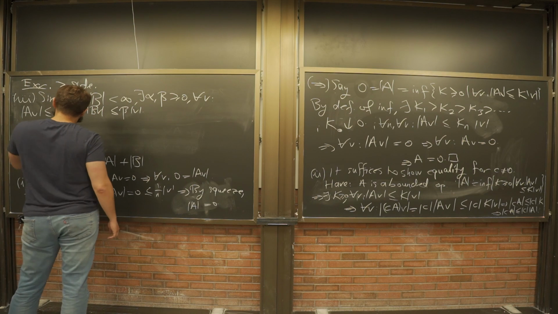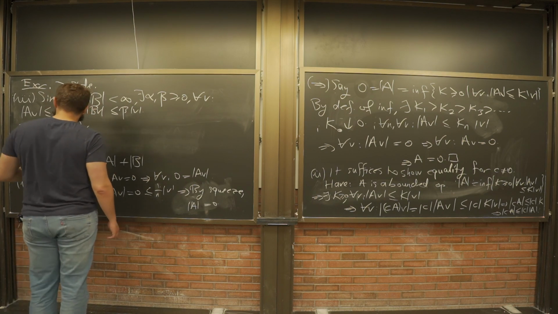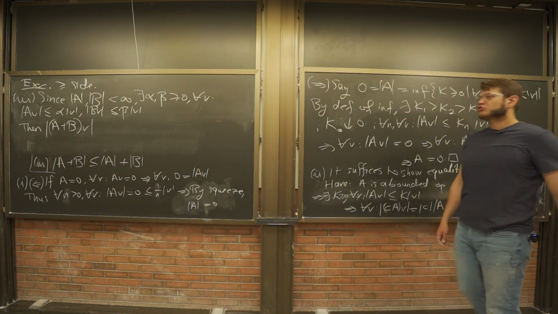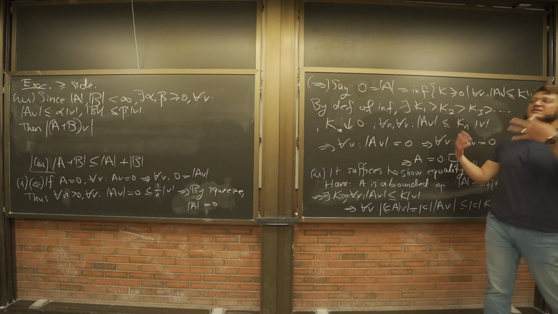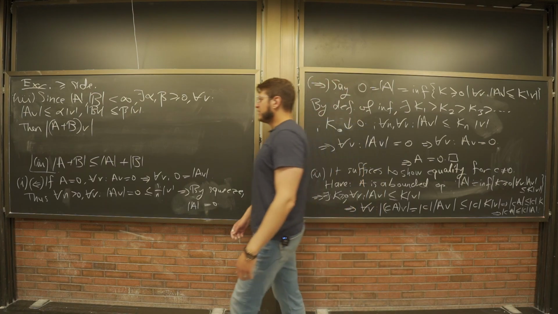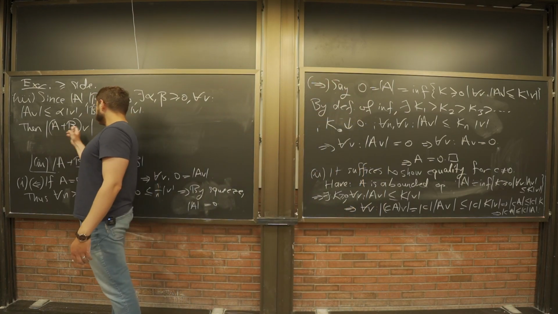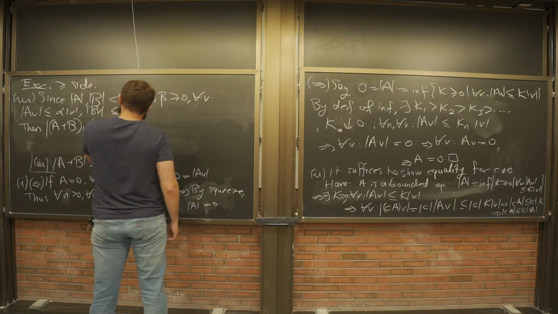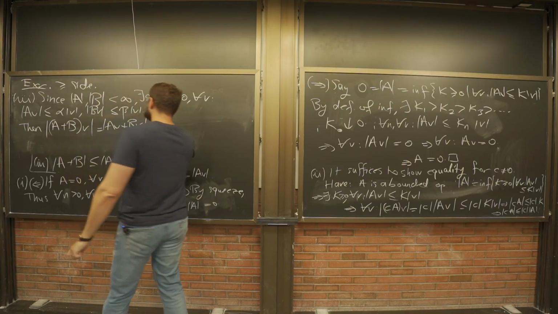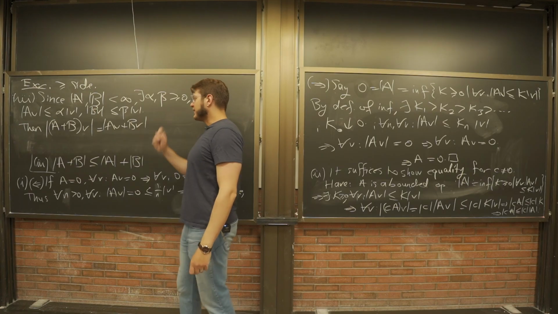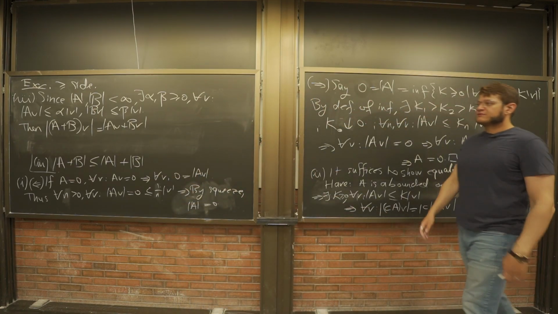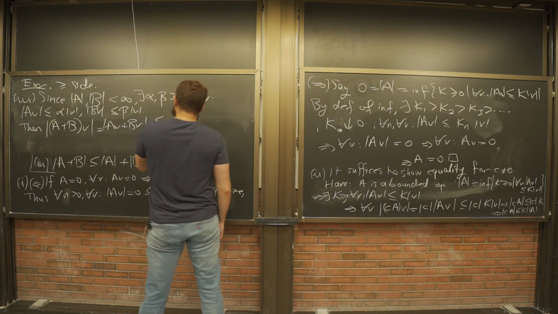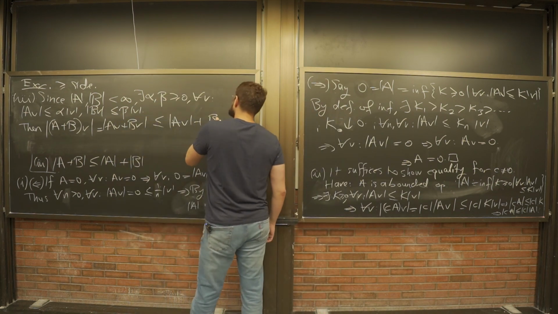I add the two operators A and B. That gives me yet another operator. I apply that added operator to v. Of course, I can just expand this. But then this is the norm in W, and I know that by one of the axioms of a norm, I can split this. And now I have this.